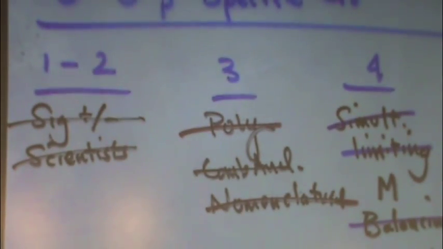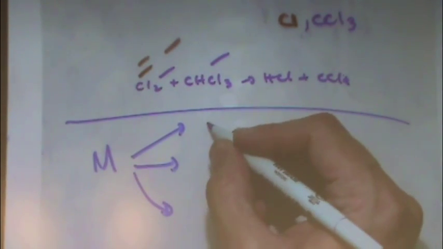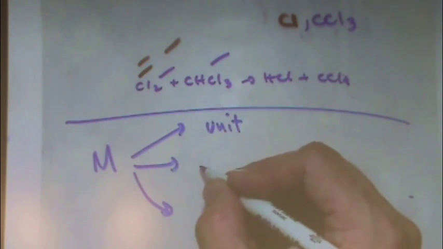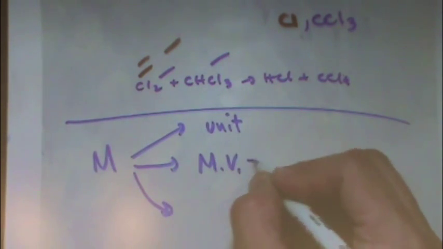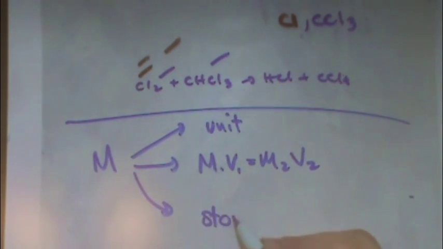Let's see, we wanted to see a little bit about molarity. Since I didn't get a lot of information, let me just do a quick overview on molarity. Remember, there's three possible problems. There's the unit problem, there's the dilution problem, and then there's the stoichiometry problem.